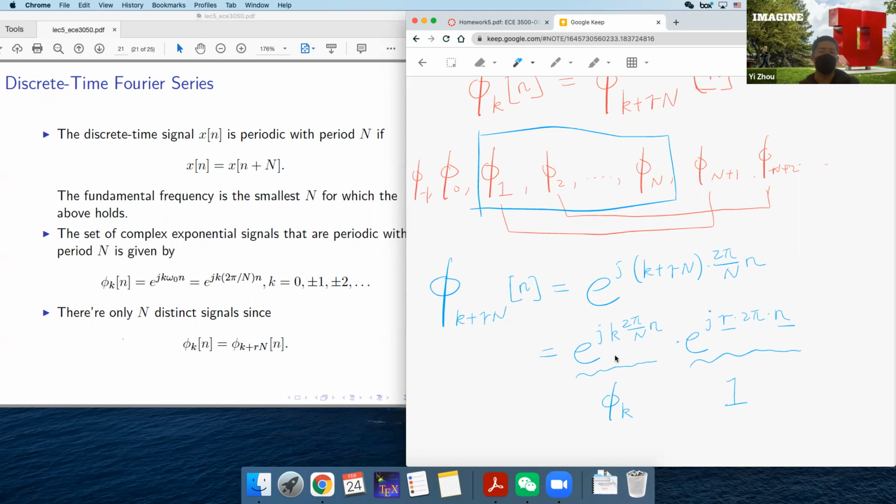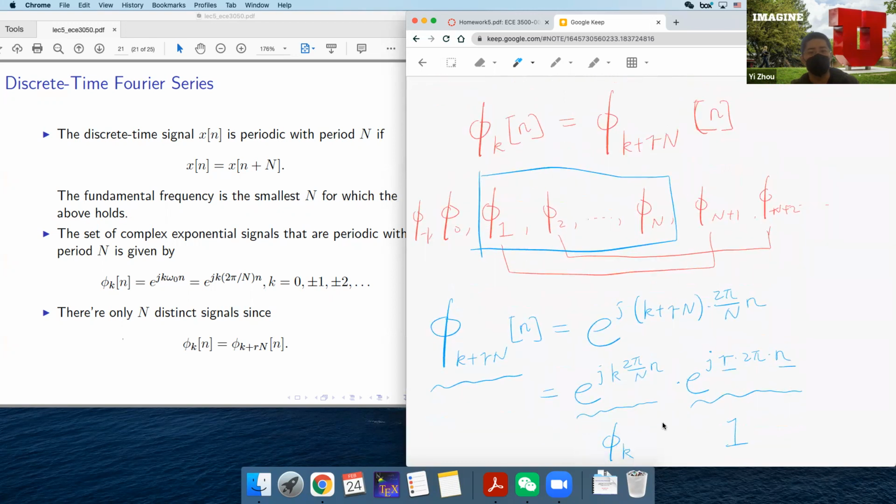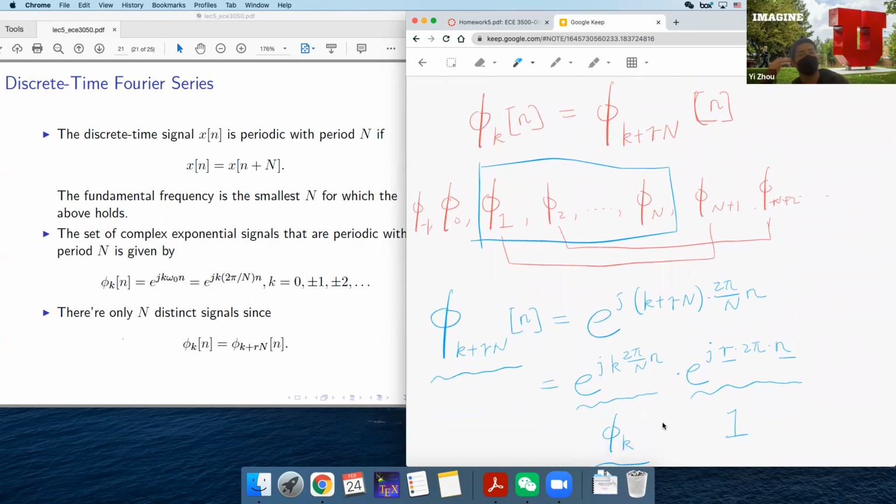This shows that if the time index is discrete, then this basis has a periodic structure, and consequently we only have a finite number of distinct basis signals, and the number of bases equals the fundamental period of the signal of interest.